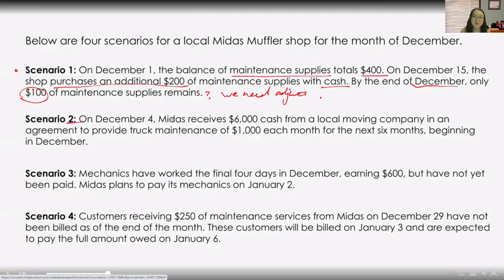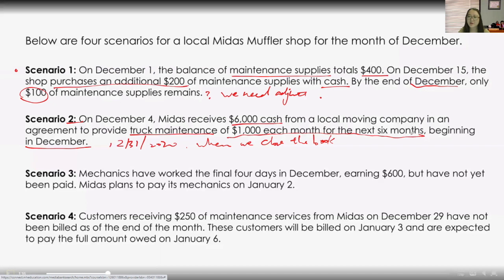Scenario 2. On December 4th, Mida received $6,000 cash from a local moving company in an agreement to provide truck maintenance services for $1,000 each month for the next 6 months, beginning in December. Hence, on December 31st, 2020, which is when we close the book, the money that we received in advance was a liability.